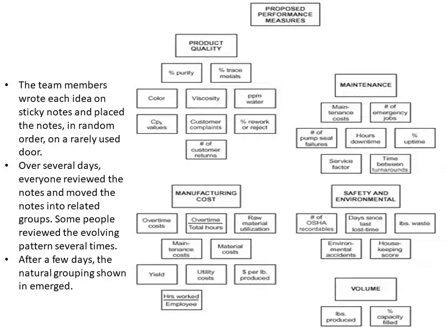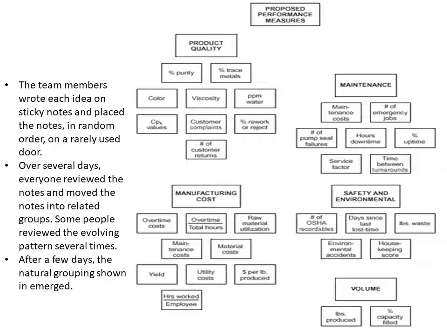All of these are under product quality and they are related. They all have something to do with quality. They are key performance measures or indicators relating to the quality of the product.